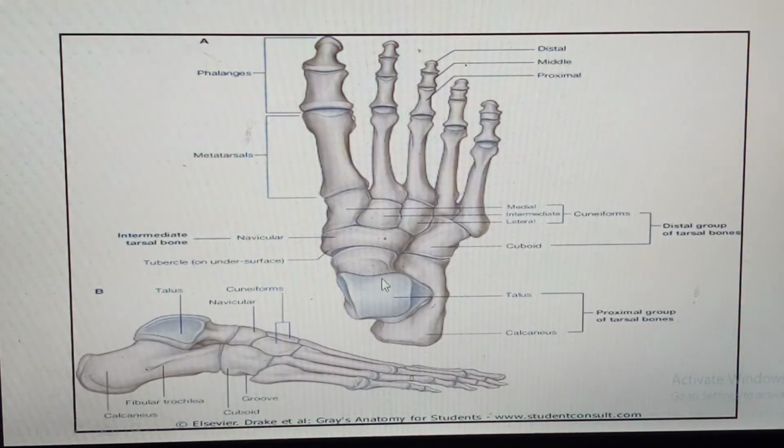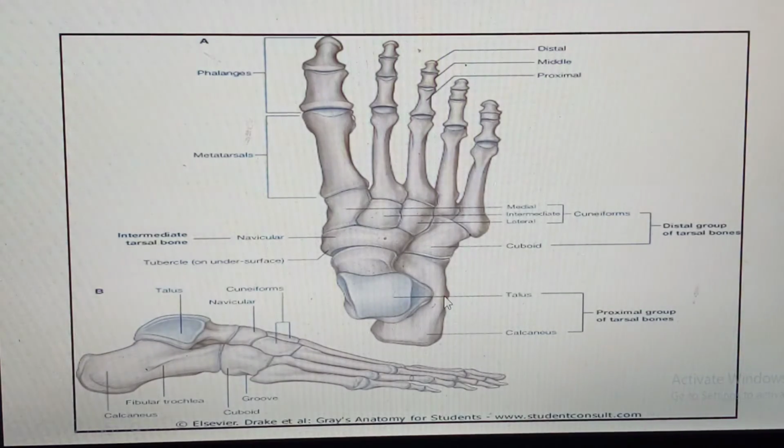And this posterior row will include the superior bone, the talus. And it is this talus which articulates with the malleoli of the fibula and tibia to form the ankle joint. So this is the one which receives the weight and then transmits about 60% to the next bone, which is also part of the proximal row, and that's the calcaneus, the heel bone. So this is the heel bone.